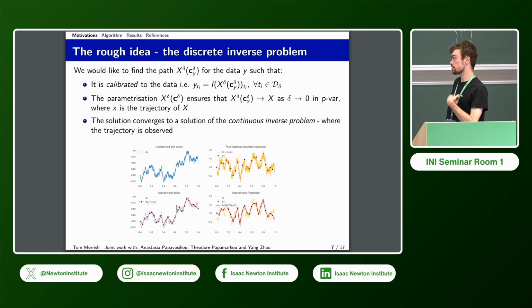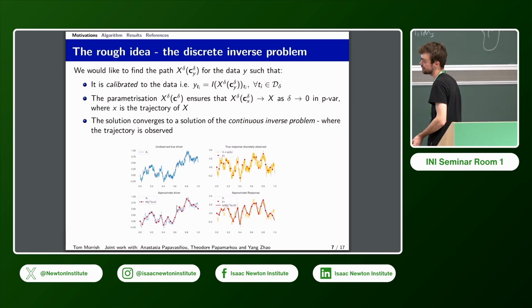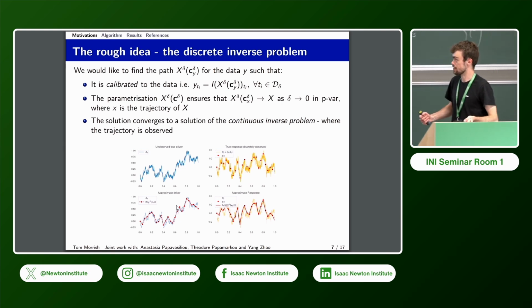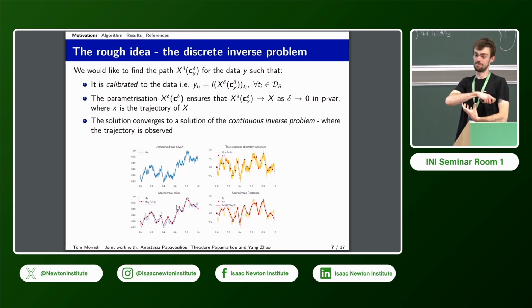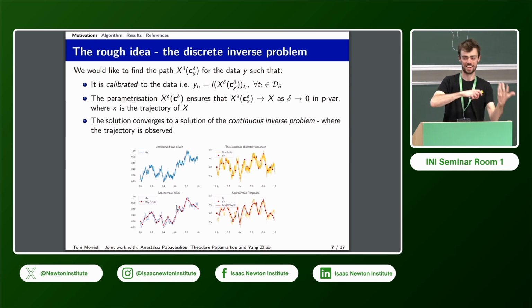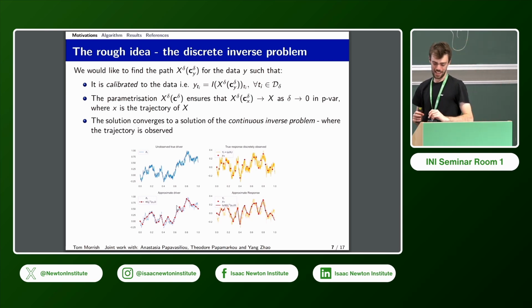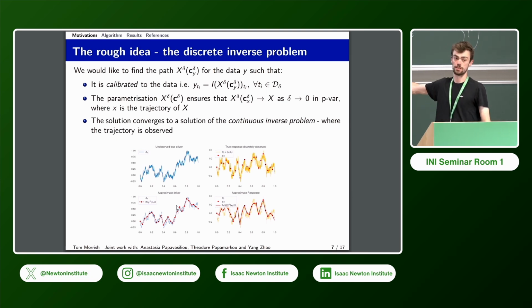We then put some kind of parameterization on x in discrete time, which means that we can solve those integrals and go back to x so we can go back to y in the right way. The discretization that we're going to use is a very simple one: piecewise linear paths, but you could use any kind of discretization that makes sense, so that it converges to the right rough path in the limit.